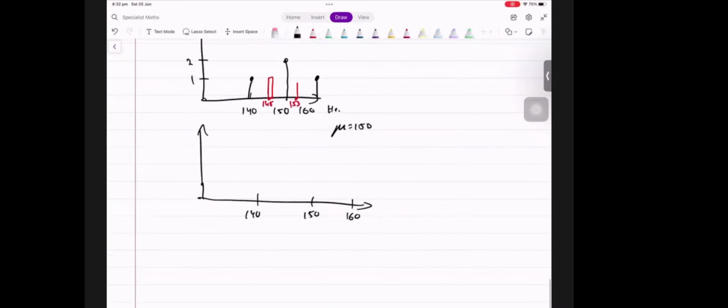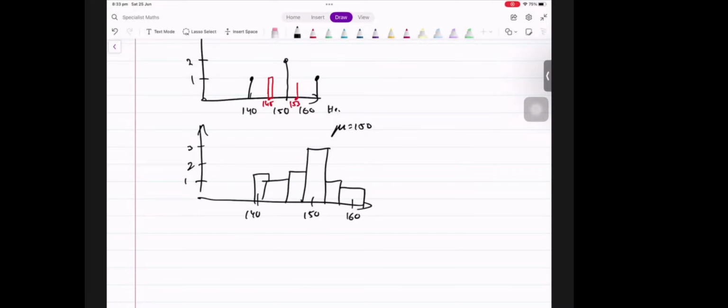But here, let's say you get a range of values. Let's say this is 1, this is 2, this is 3, and your mean was 150. More of your data will be around here, so let's say you get more blocks here.